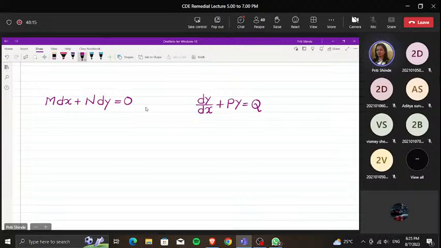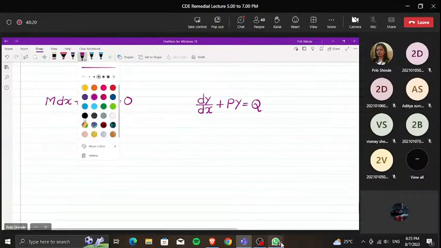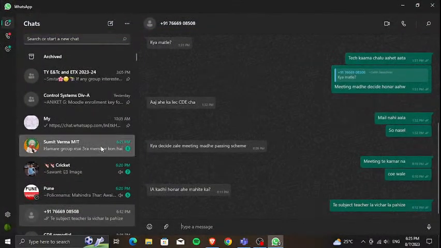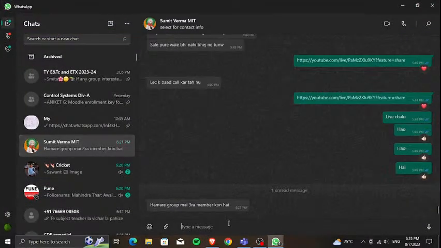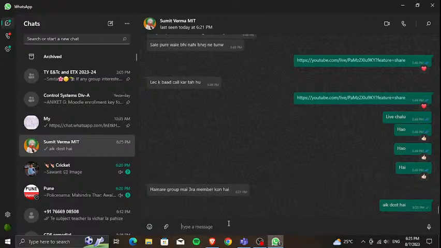To solve the first type of differential equation, two terms means exact. So find out del m by del y and del n by del x, and if both derivatives are equal, it implies you have to find the solution by using exact differential equation.